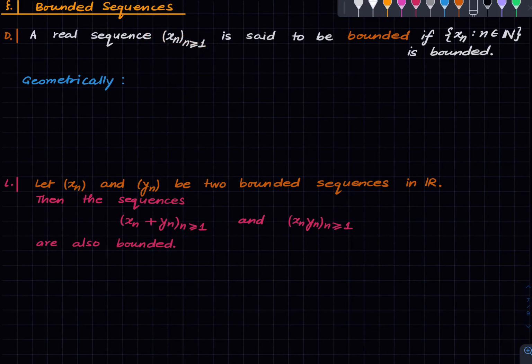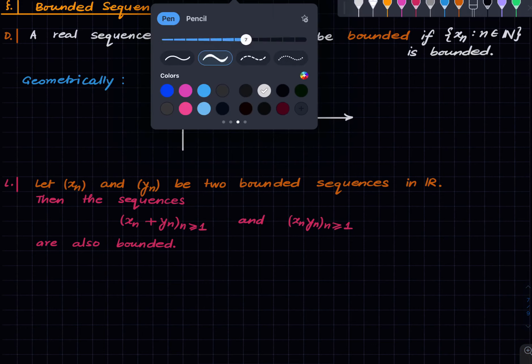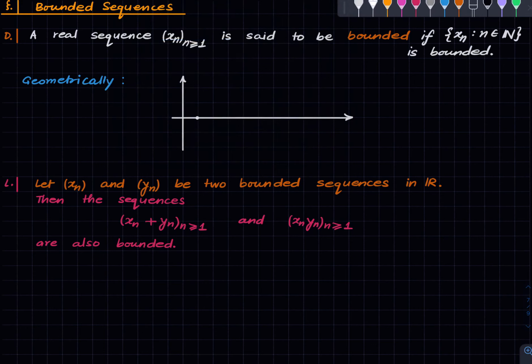But the other graphical way to state it is the following. Suppose we draw the graph of our sequence like we did in the previous two examples. So on the x-axis, we will have all the natural numbers, and for each natural number, we will plot the corresponding element of the sequence.